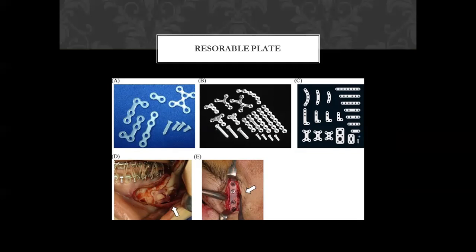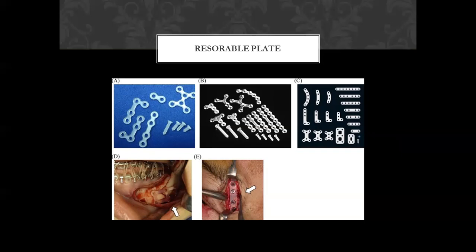So remember polyglycolic, polylactide, polyglycolate, L-lactate, DL-lactate, and TMC, which is trimethylene carbonate. It has degradation characteristics, and it will take a year for this resorbable plate to completely disintegrate, and it will be excreted as water and carbon dioxide. So just remember the names of these plates and their use.